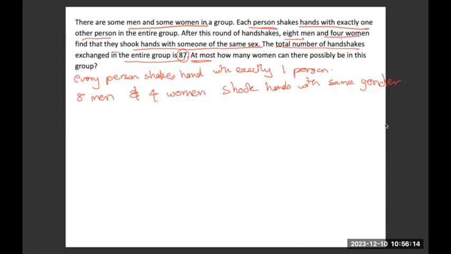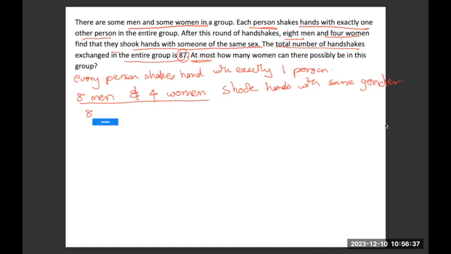Look, these two conditions given here are very critical. Every person shakes hands with one person, and 8 men and 4 women shook hands with the same gender. Now we first find out how many handshakes are present among the 8 men and 4 women who are shaking with the same gender.